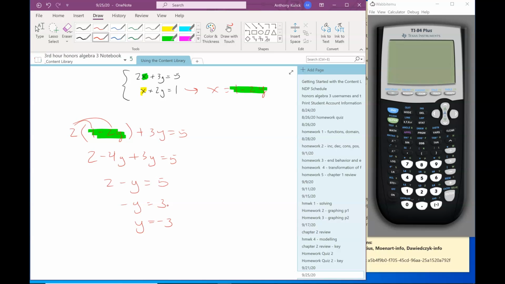Now that I have this answer, I can use this to solve for x. I can take this answer and plug it back into any of the equations I had before to solve for x. The equation that I would choose to use is this one, because the x is already isolated and I don't have to worry about any division going on.